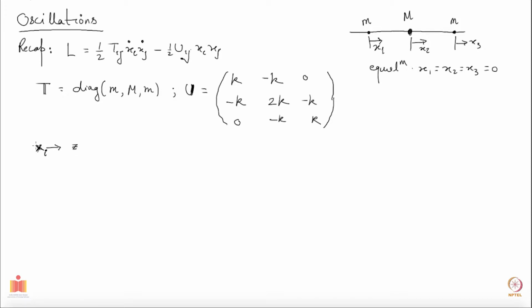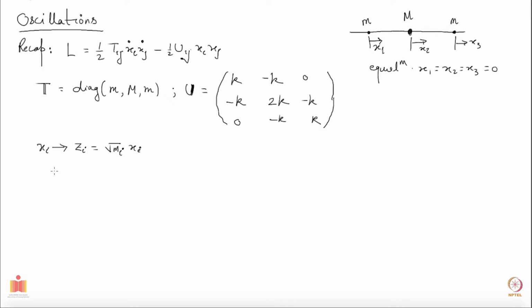So xi, same as before. If I do the transformation, that instead of xi I start using zi's, which are related to the xi's by this transformation. You just absorb the square root of mass in the corresponding x, and that is the definition of z.